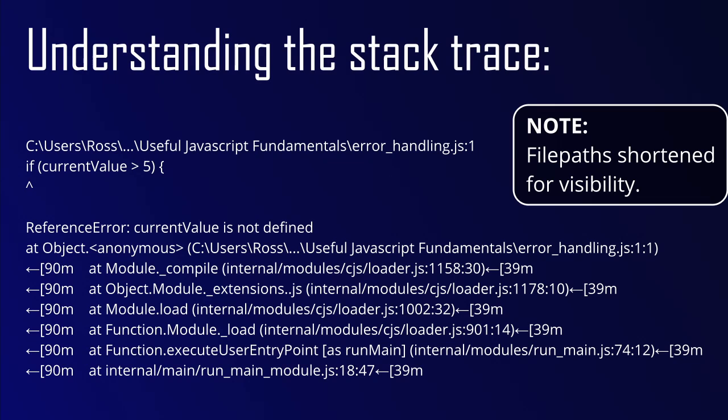It's the big block of seemingly random text that appears right as your program crashes. Understanding how to read this will make your life immensely easier when trying to figure out why your program is breaking. When viewing the stack trace, the most relevant information is usually right at the top or very near the top, as you can see on the screen.